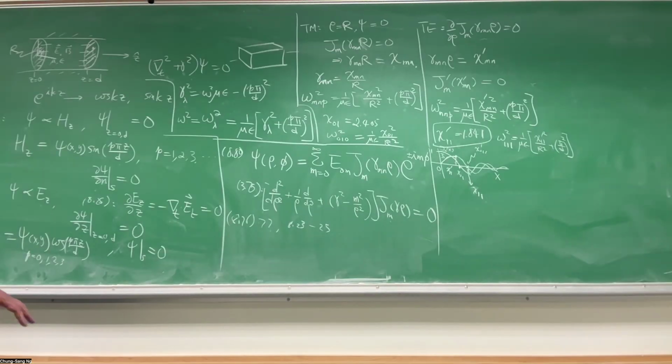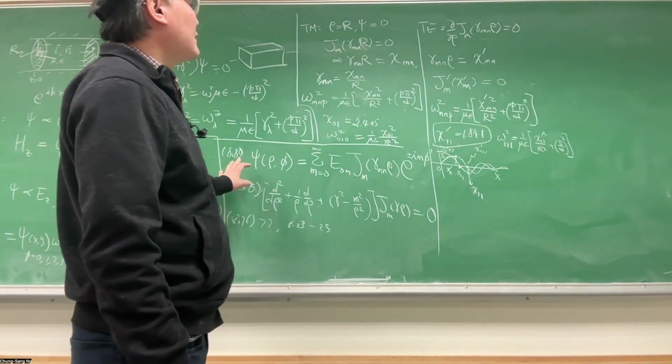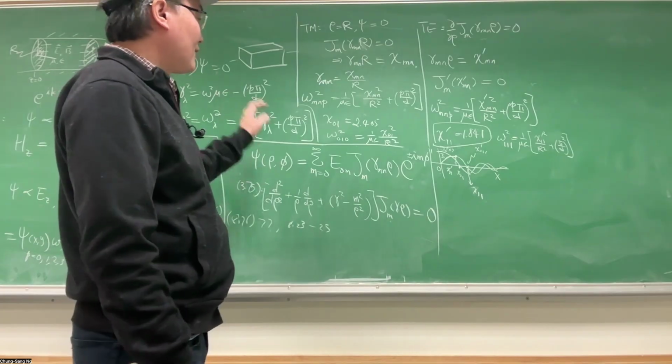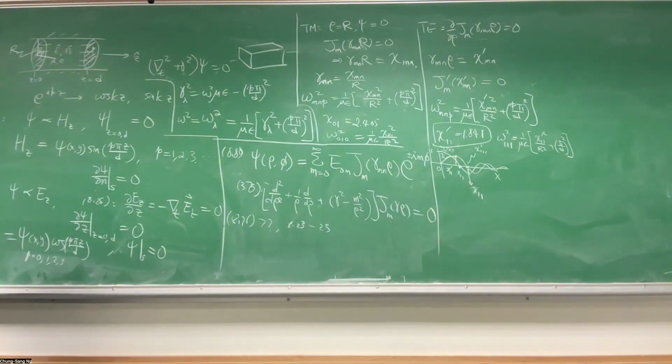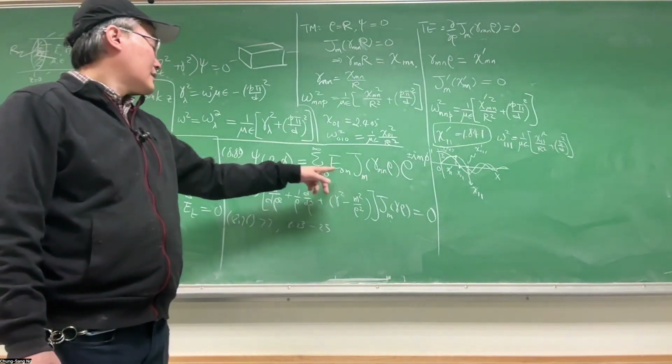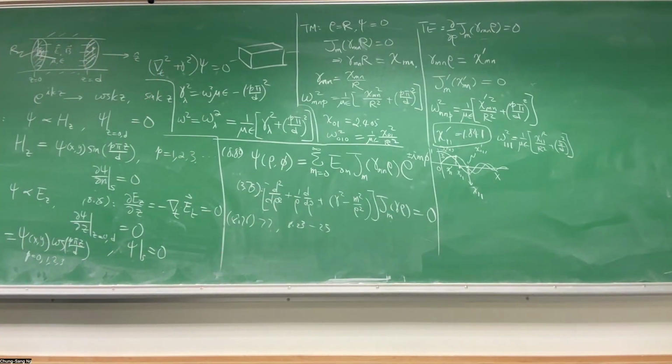Once you solve for psi given by the Bessel function for the circular resonator, and take whatever transverse derivative you need, you can get the transverse electric field and magnetic field. Okay, and that will give you the full field structure of the mode.